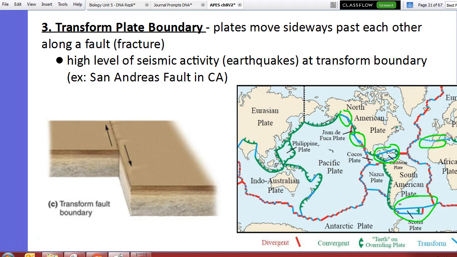Now, when they slide past each other, they typically cause earthquakes.